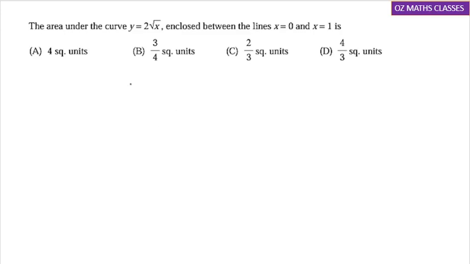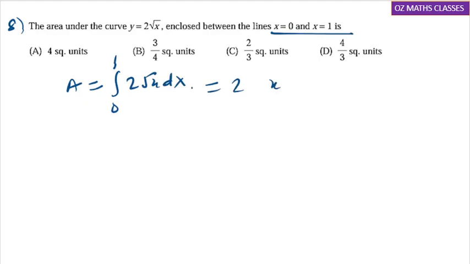Next, question number 8. Find the area under the curve y equal to 2 root x enclosed between 0 to 1. So here both x coordinates are given. The x coordinate is moving from 0 to 1. So directly you can find the area. Take the integral from 0 to 1 of y equal to 2 root x dx.